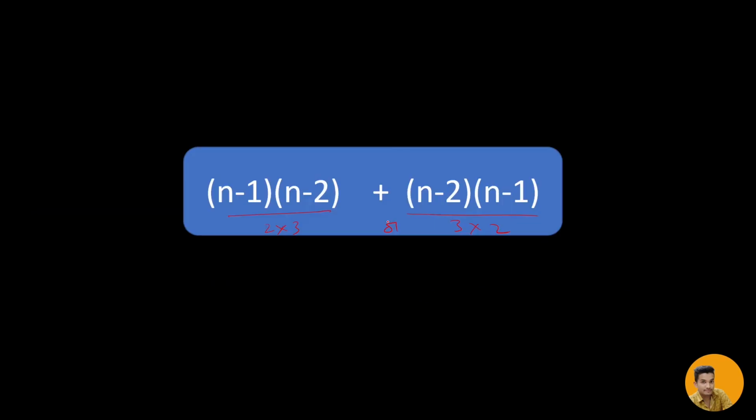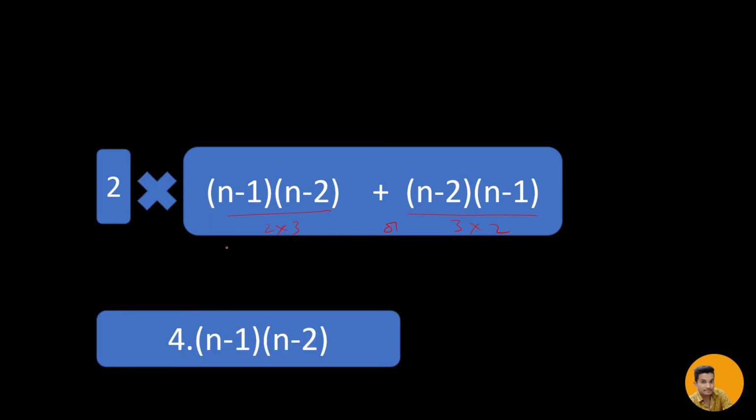This is only written, and we are multiplying by 2 because each gives 2 such possibilities. That's why the whole thing is multiplied by 2. Now since both are the same, we can multiply again by 2, so we will get 4. So after solving this equation we get this whole thing.